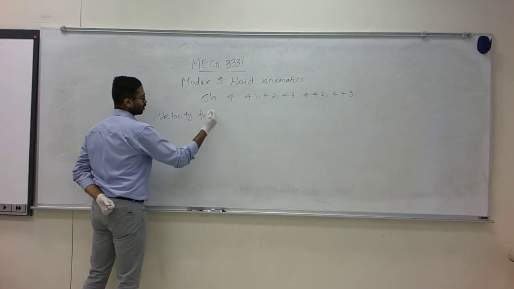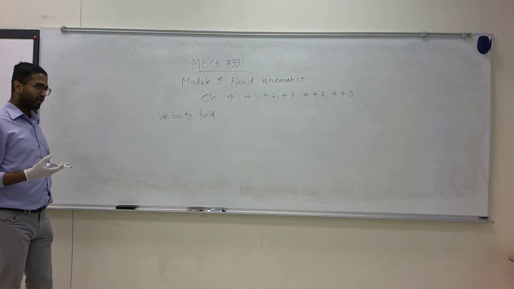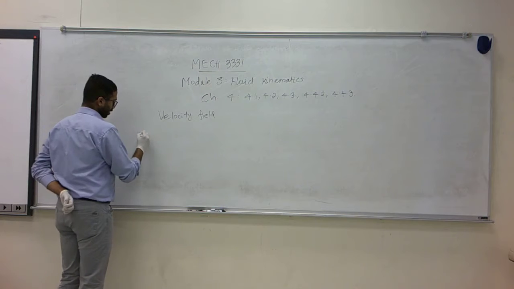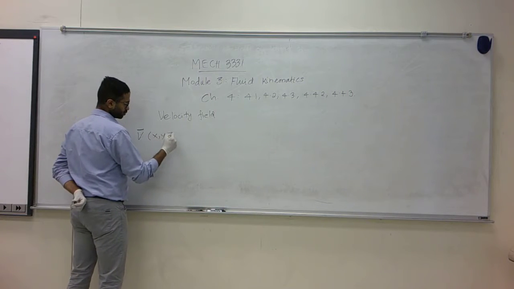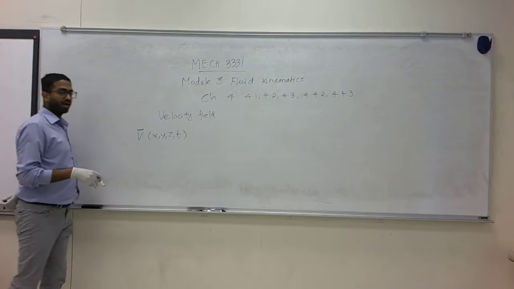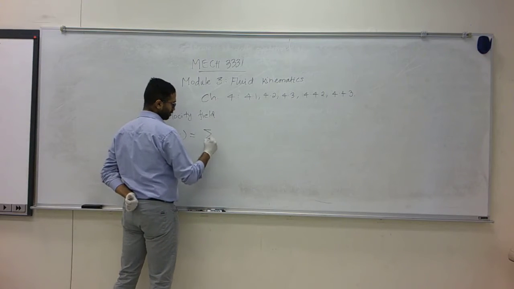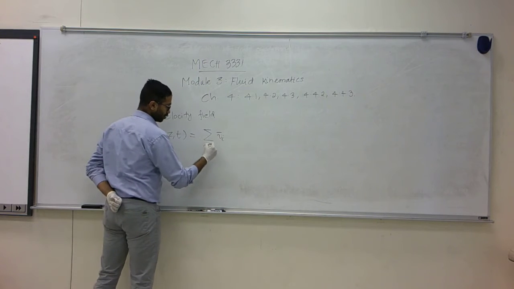In the first lecture, we talked about what is the velocity of a fluid if it is a collection of molecules. We saw that the velocity at any given point at a given time is the average velocity of the individual molecules.